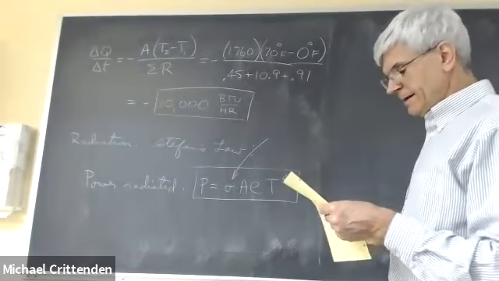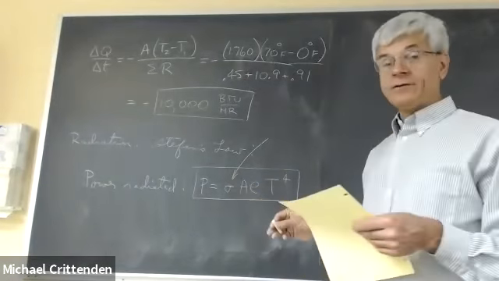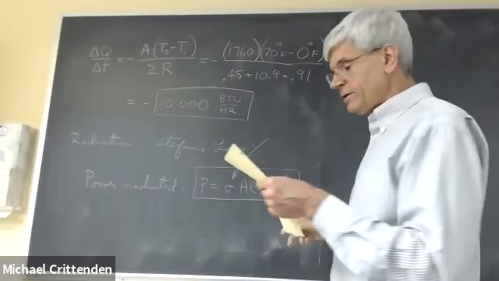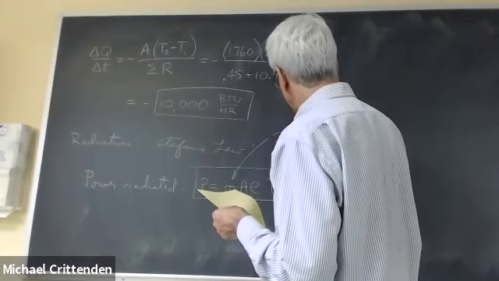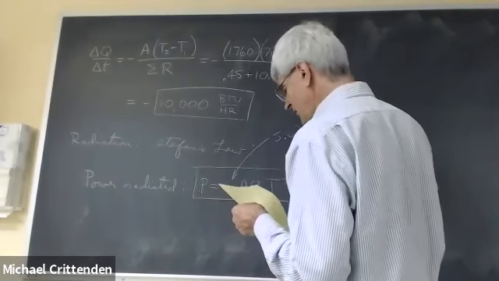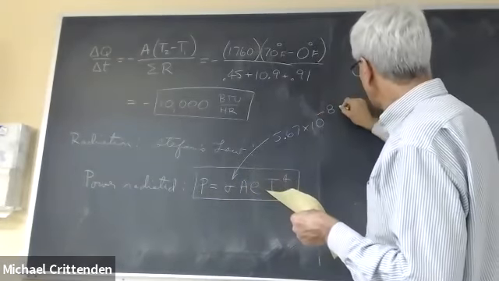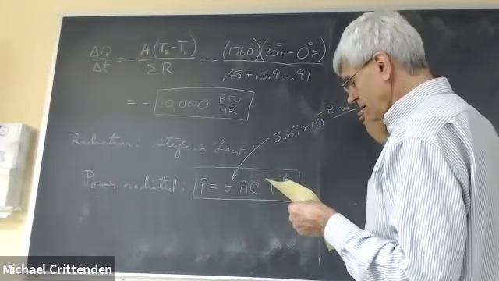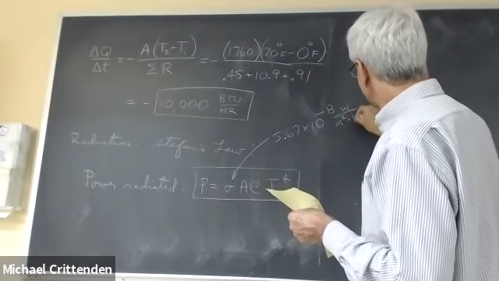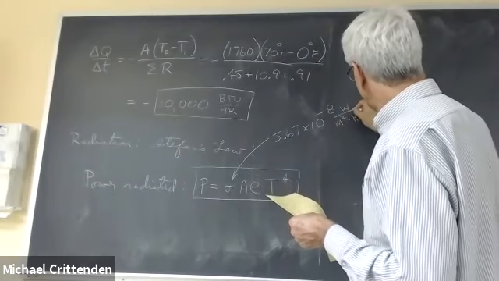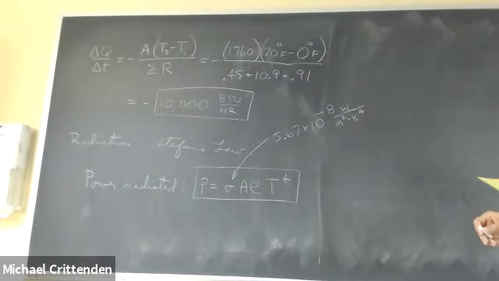The Stefan-Boltzmann constant, if you're working in SI units, which unlike the construction industry is what's usually used here, 5.67 times 10 to the negative 8, that would be measured in watts per square meter times Kelvin to the 4th power. K is for Kelvin, degrees Kelvin.